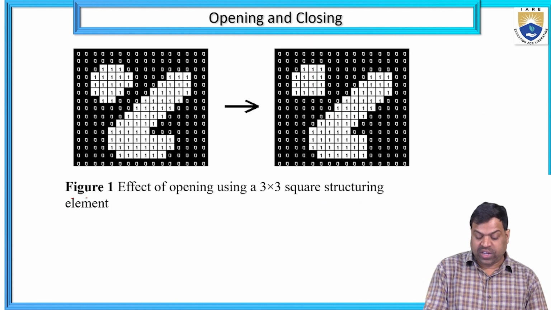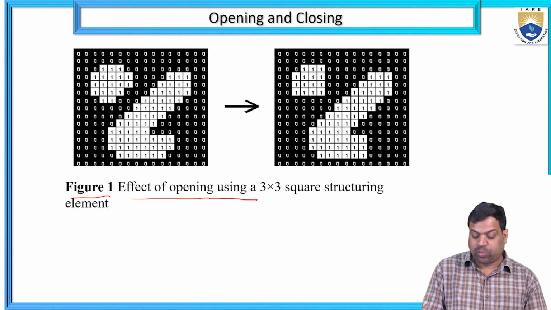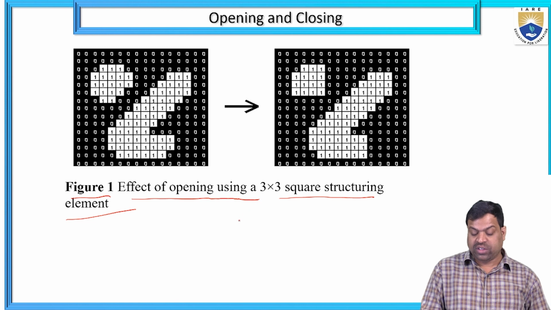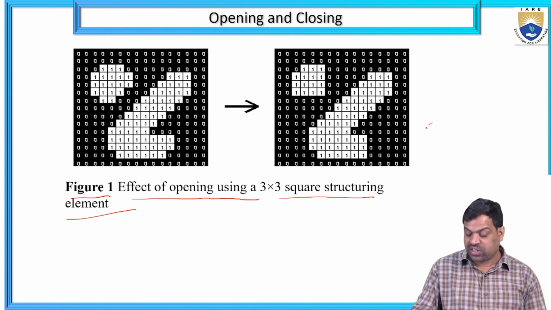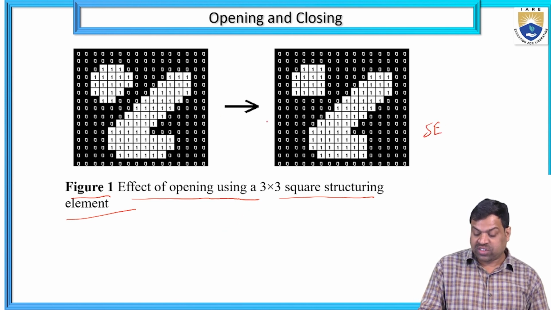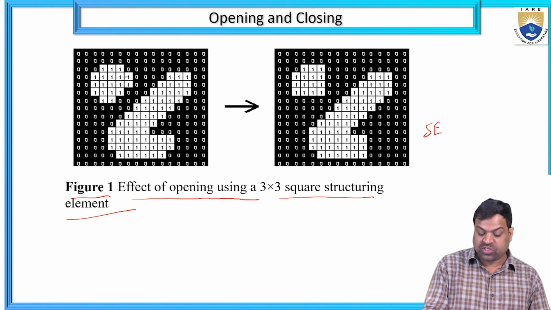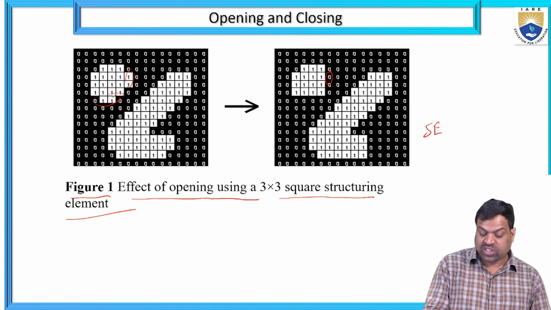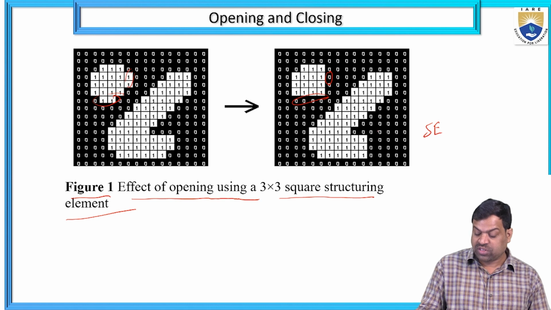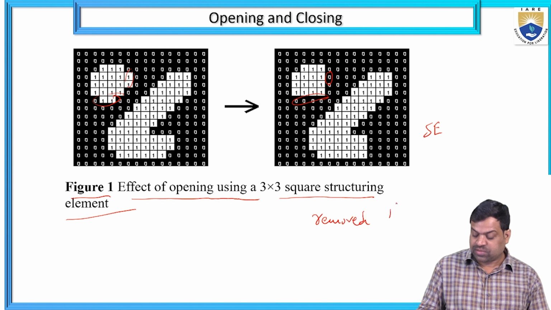Figure 1 is the effect of opening using a 3 by 3 square structuring element. So how many ones are there here? Here ones are removed. Here ones are removed. Here also, how many ones are there? We removed them. So the number of ones is reduced.